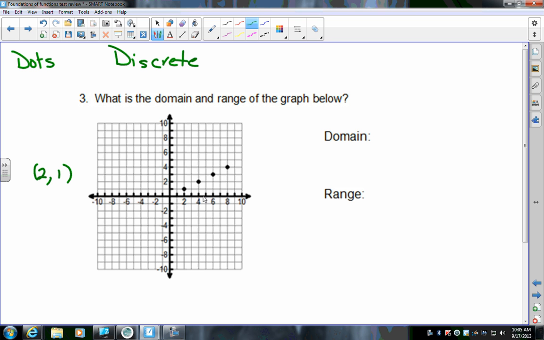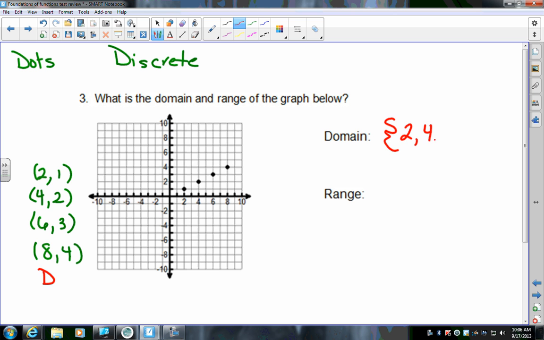Then I have 4 over 4 and up 2. 4, 2. 6, 3. And 8, 4. Now, to write my domain, remember my domain is all my x's. I'll put it in set notation. I have 2, 4, 6, and 8.